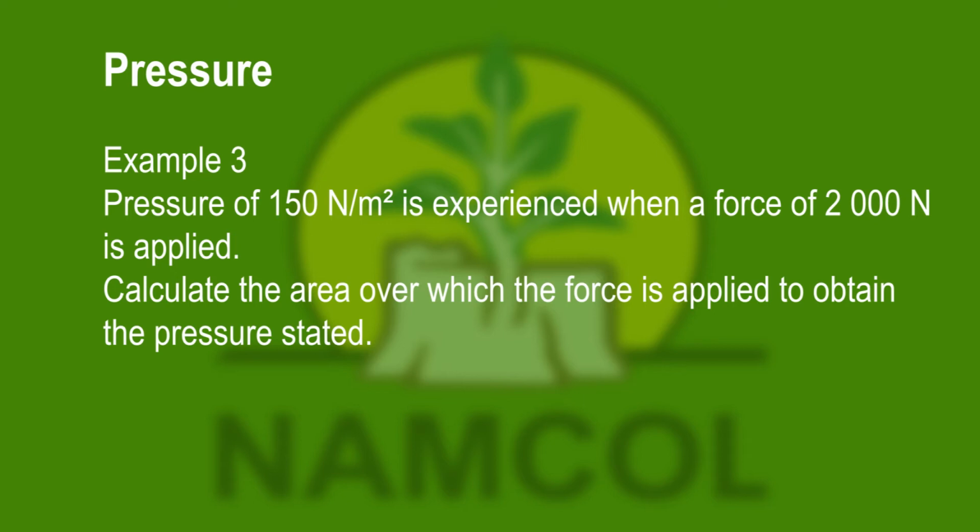Example number 3. A pressure of 150 Newton per square meter is experienced when a force of 2000 Newton is applied. Calculate the area over which the force is applied to obtain the pressure stated.